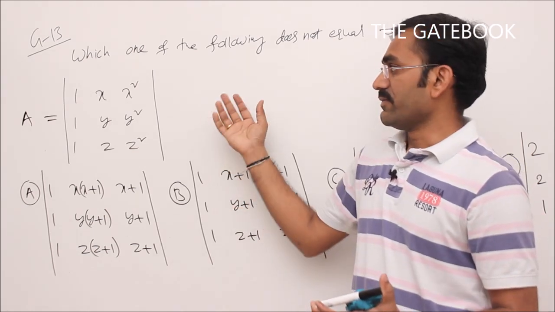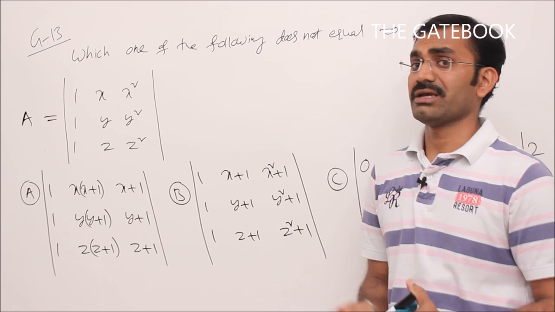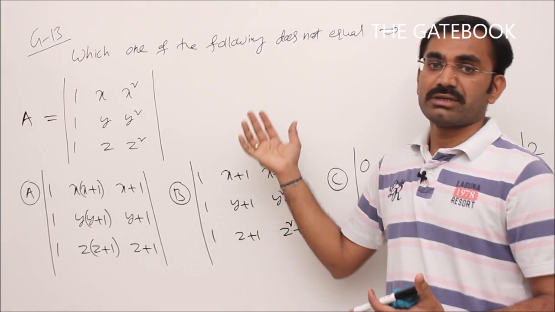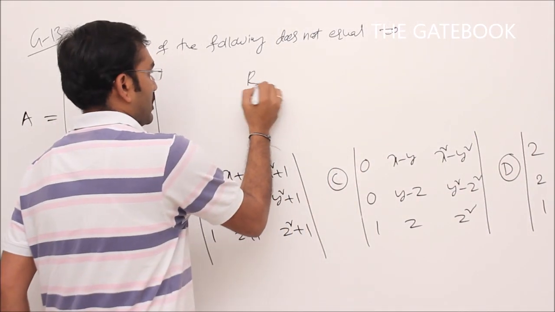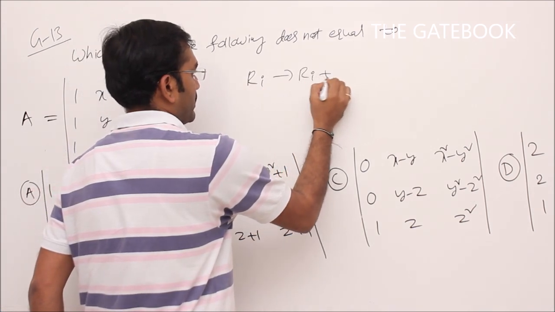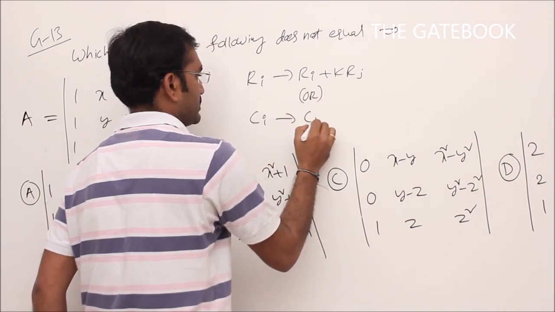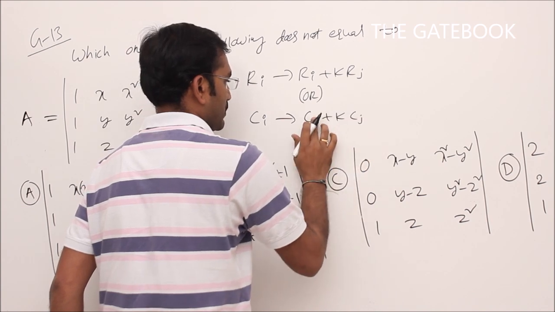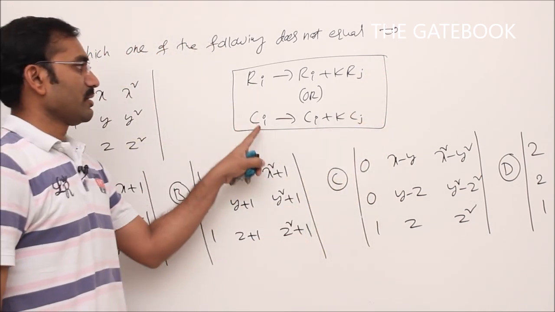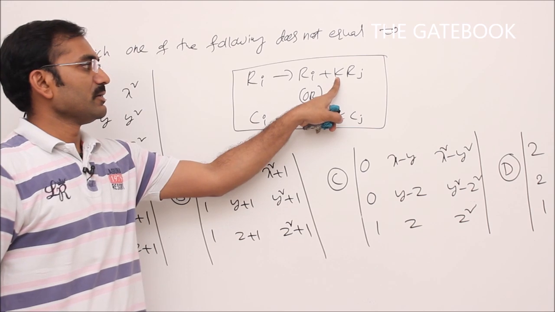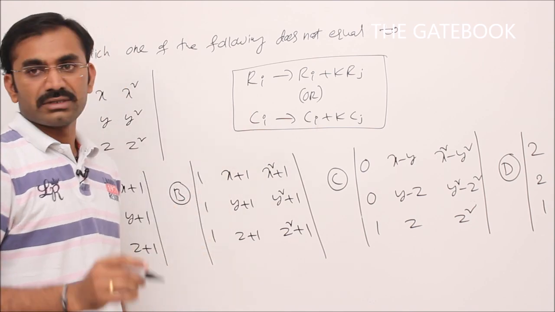Mathematically, I can write Ri implies Ri plus k Rj, or the corresponding column operation Ci implies Ci plus k Cj.